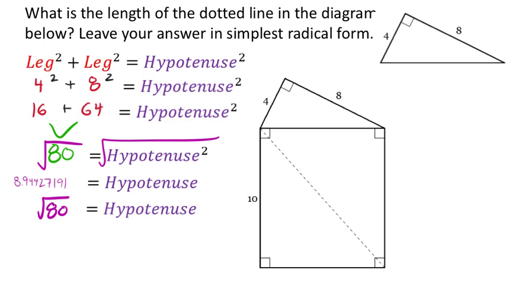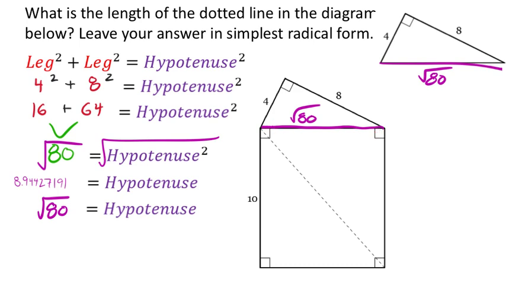But what I know now is that for the triangle that we broke off right here, that hypotenuse is the square root of 80, which we know is about 8.944279191. Which means that this length right here on our original figure is also the square root of 80, which is more exact than 8.944279191.